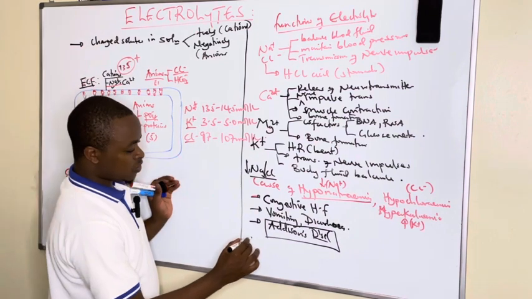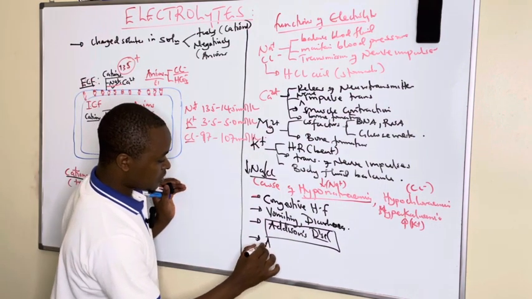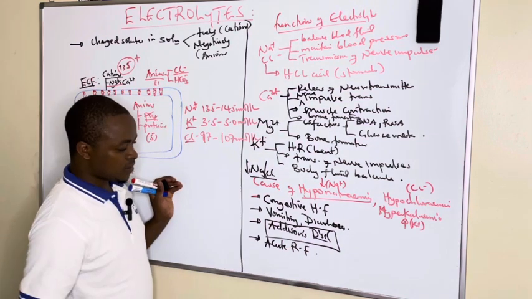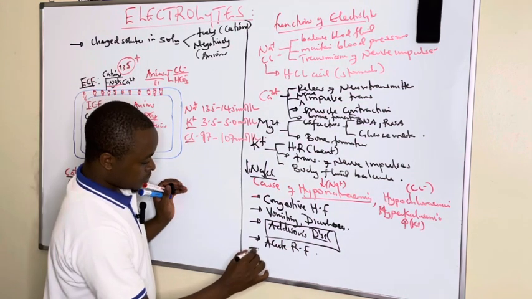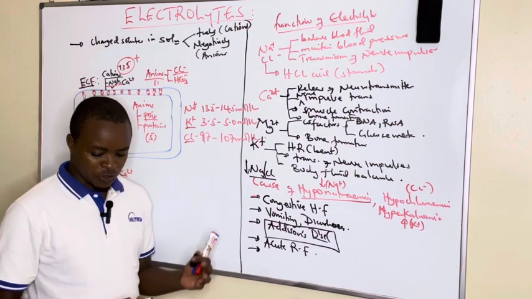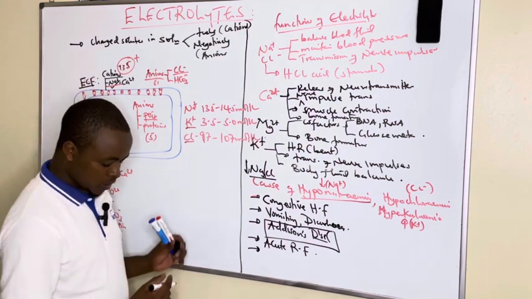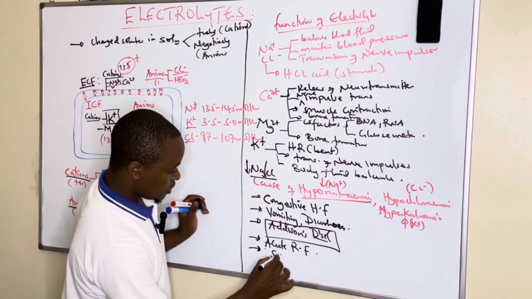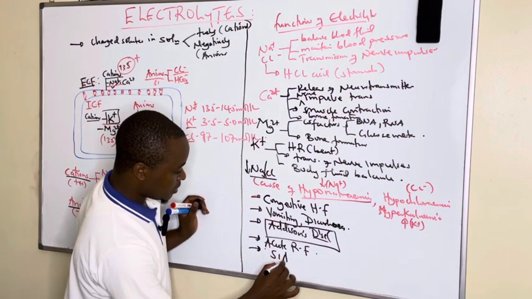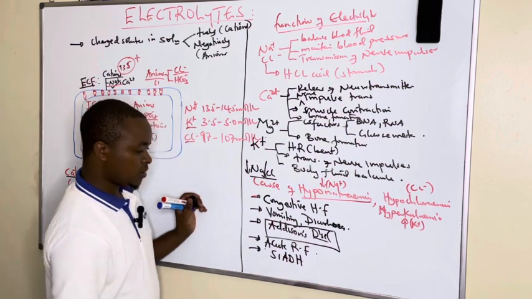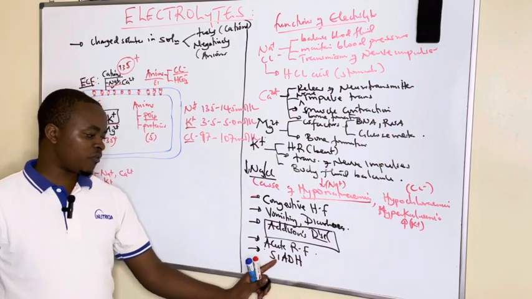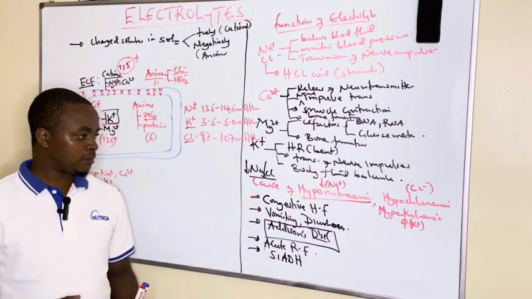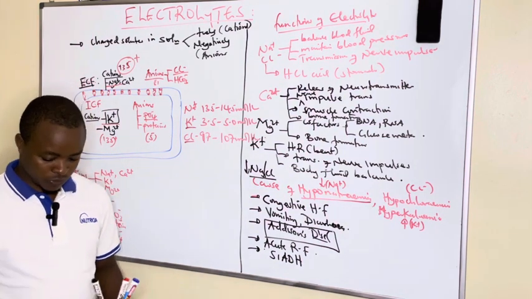Then we can see other causes like acute renal failure. We can see it reduced in the condition which we call syndrome of inappropriate antidiuretic hormone. We see this sodium reduced.